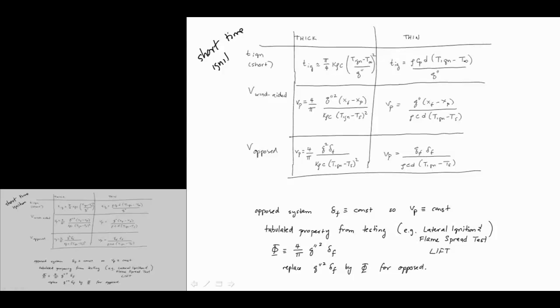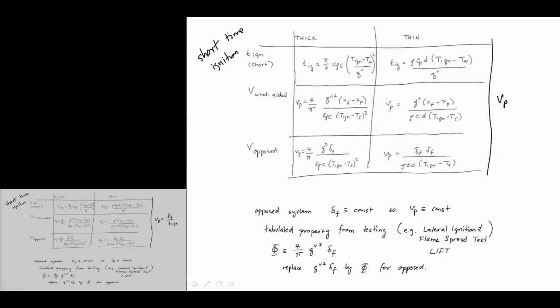For the wind-aided problem, so all these problems now in this quadrant here, all we're saying is that Vp is, again, LF over T ignition. So Vp for these problems, for the thick case, looks like Q squared, the heating length, divided by K rho C, (T ignition minus Ts) squared. For the thin case, very similar description for the wind-aided.